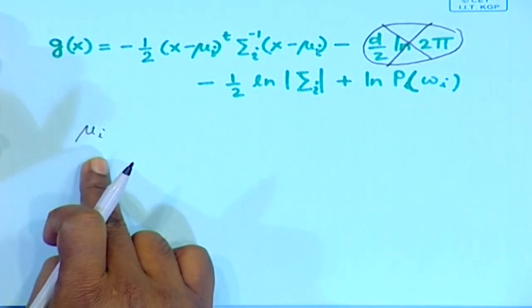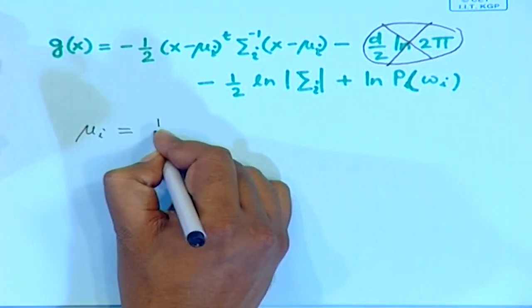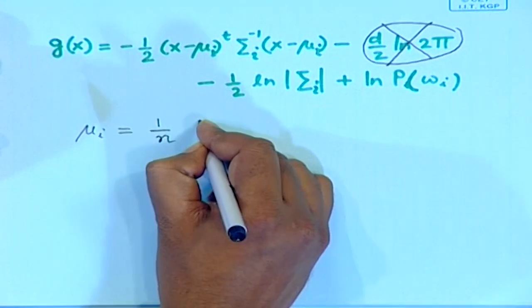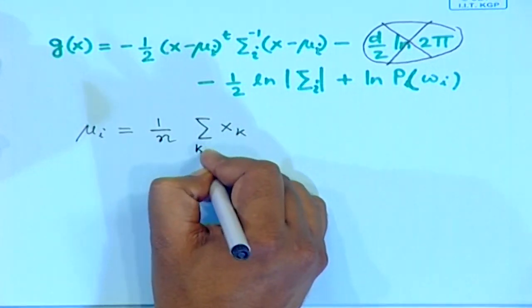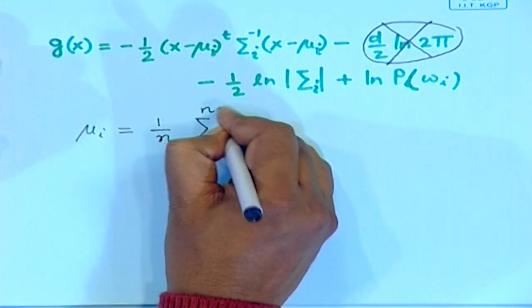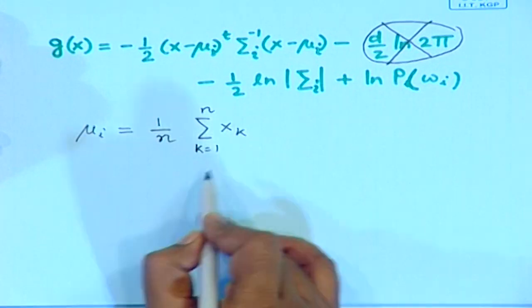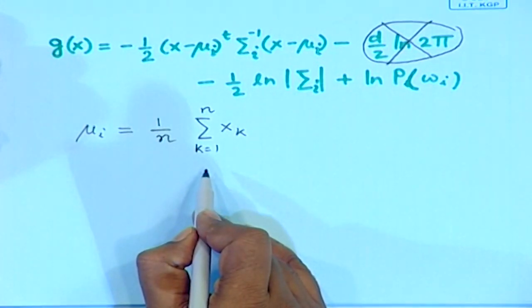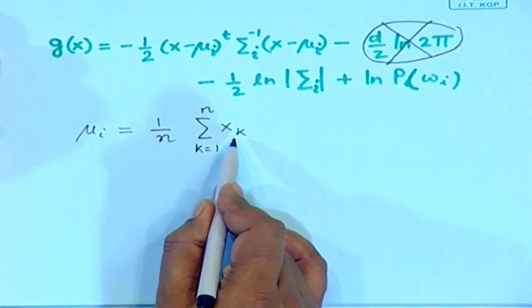Then mu i is nothing but 1 upon n times the summation of x k, where k varies from 1 to n. So I have to perform n summations followed by 1 division, and this x k is a feature vector of dimension d.